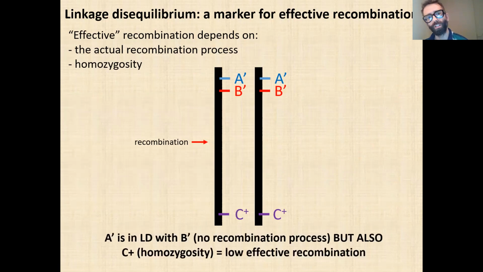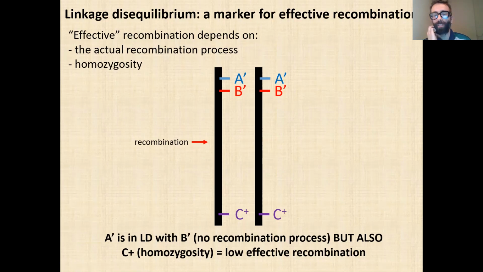Here, recombination is not going to be very effective at all. Why? We still have recombination happening between B and C. The recombination is spotted there, but the thing is, because C plus and A prime, B prime, all these 3 loci are homozygous.